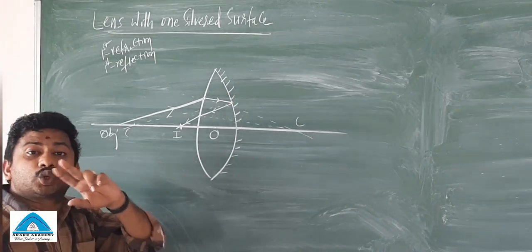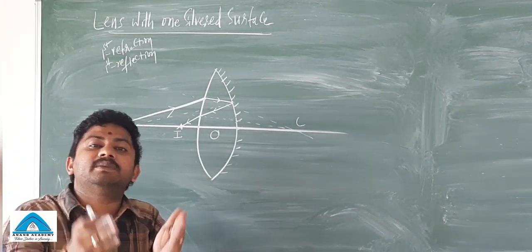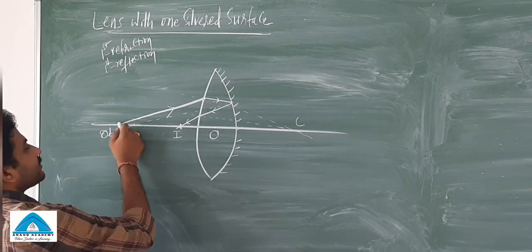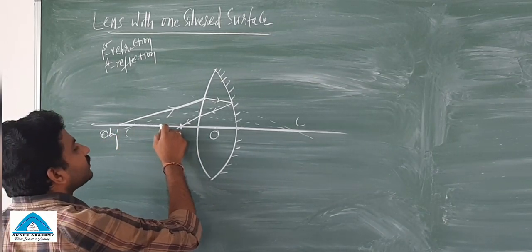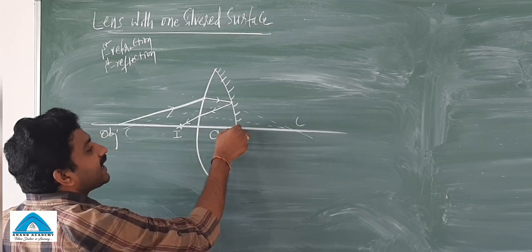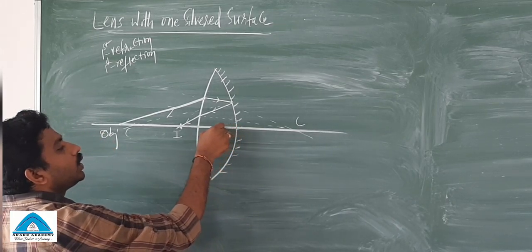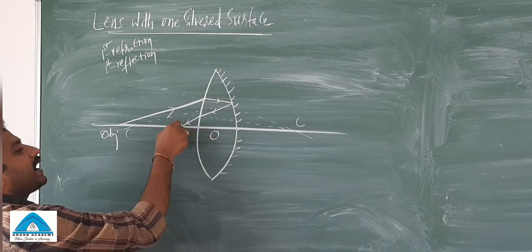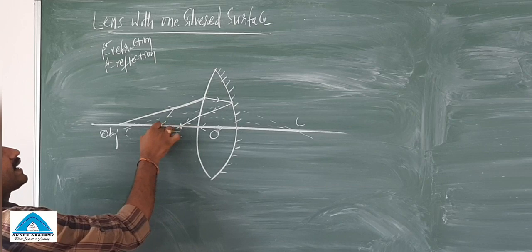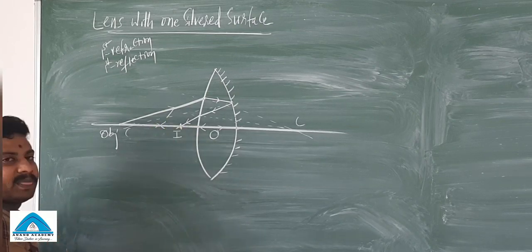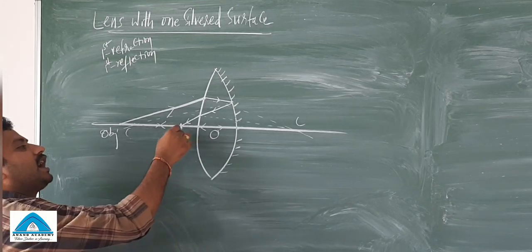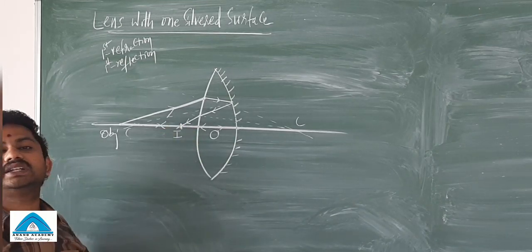To form the image, the minimum number of light rays required is 2. The second ray is moving in this direction like this, refracted, and incident at an angle of incidence 0, traces the same path, and see here the final refracted light ray is here. So two refracted rays are meeting at this point.